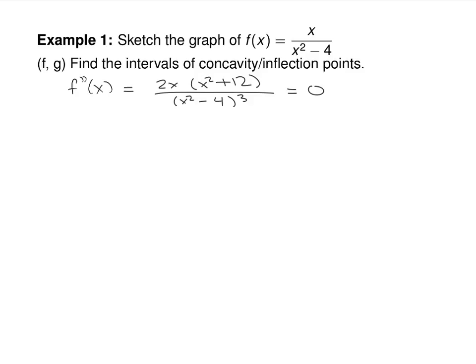So does the denominator matter? No. So you've got 2x times x squared plus 12 equals 0. So what's going to make the 2x 0? 0. Will the x squared plus 12 ever be 0? It won't, will it? It's an imaginary answer, so don't count.